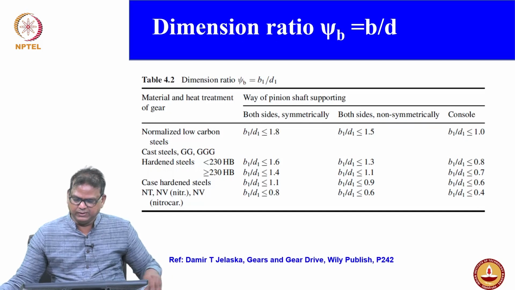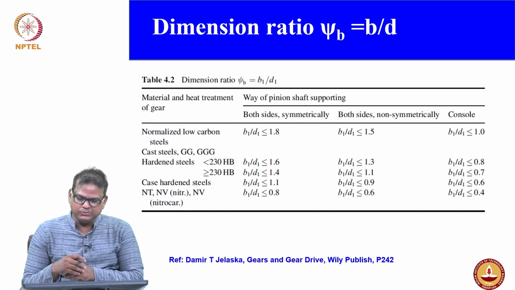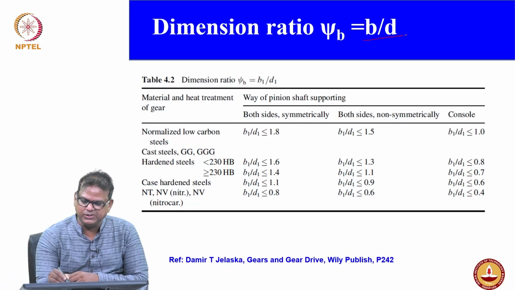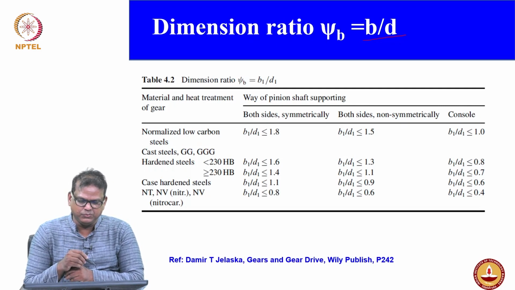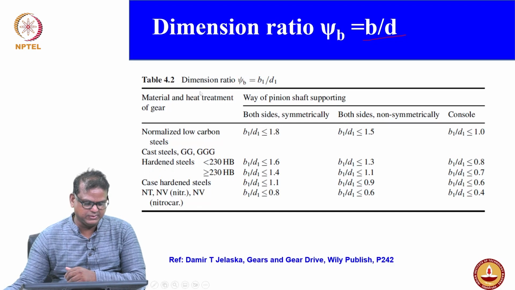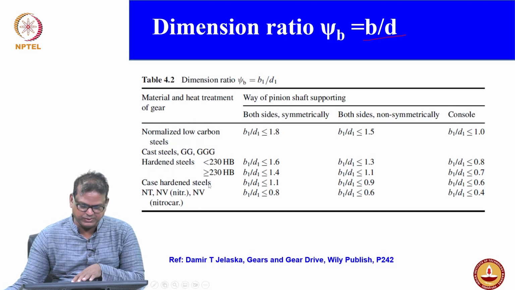Another way you can do it is based on the B by D ratio. Psi b is given, so it depends on how you want to do it. You can look at this based on the material and corresponding treatment. The B by D ratio is also given.